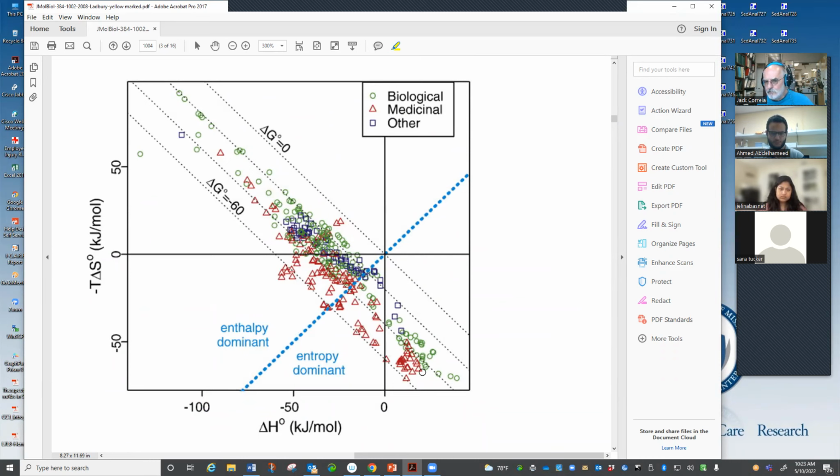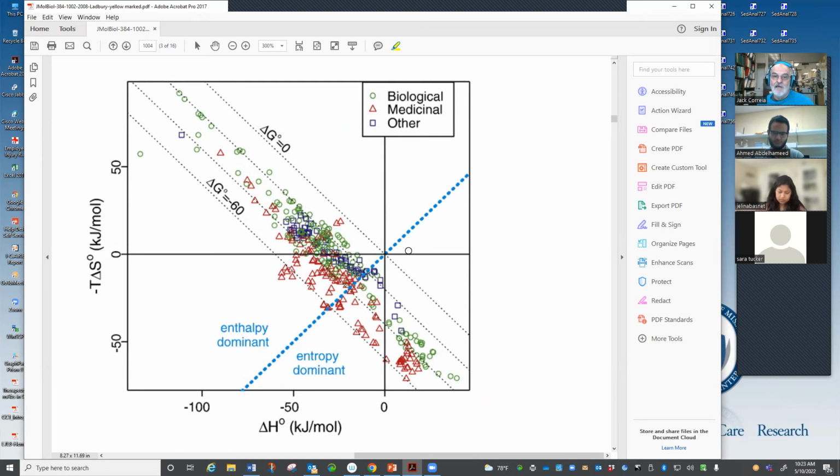If you're below the line, the blue dotted line, then it's entropy dominated. It's favorable primarily from entropy. If you're above the line, it's primarily favorable enthalpically. So what you can see is that of these hundreds of drugs, most of them are enthalpically favorable. Some of them are entropically favorable. Okay. Some of them are both.